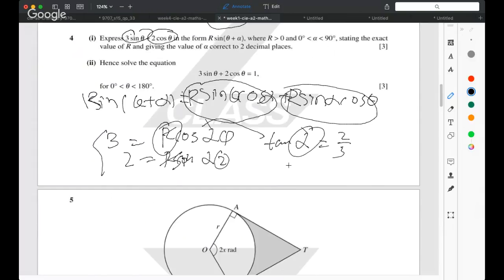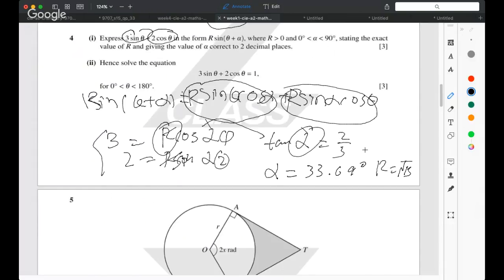Do you understand? In the end you get R alpha is equal to 33.69 degrees, and R is equal to root 13.